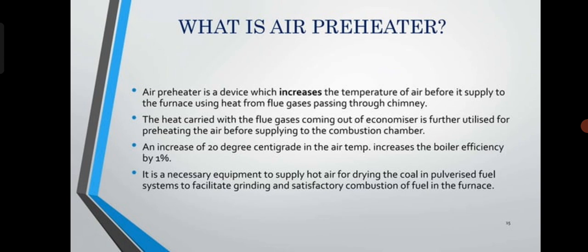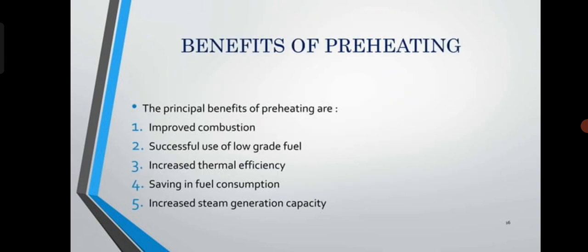An increase of 20 degrees centigrade in the air temperature increases the boiler efficiency by 1%. It is necessary equipment to supply hot air for drying the coal in the fuel system, to facilitate the grinding and satisfactory combustion of fuel in the furnace.